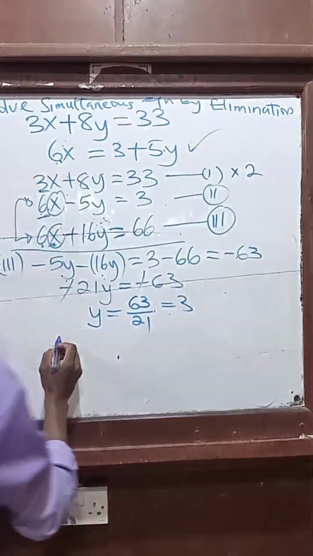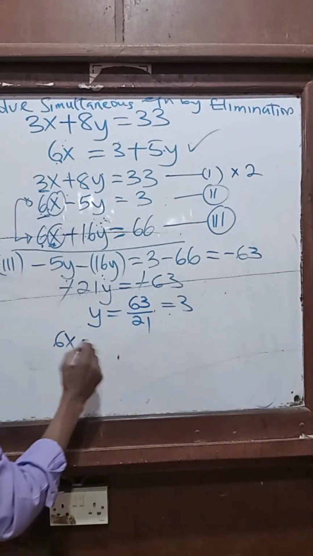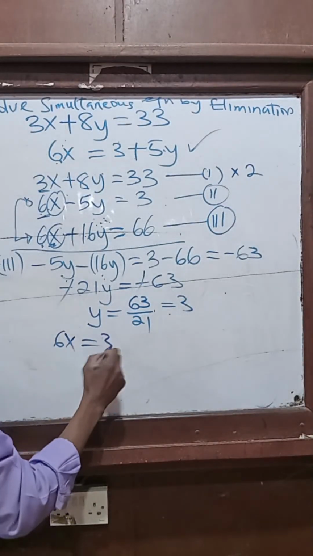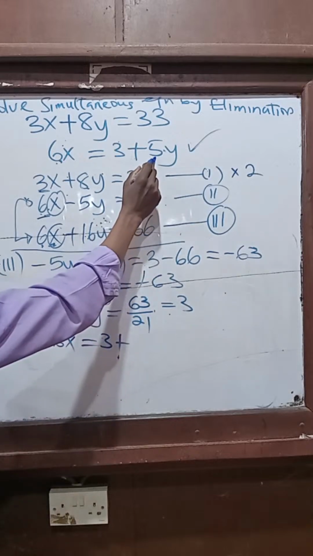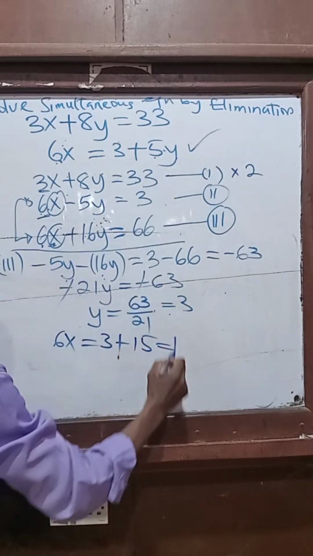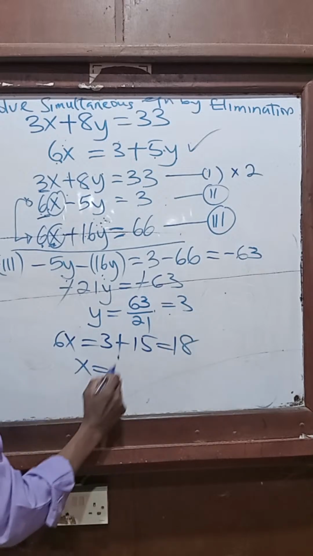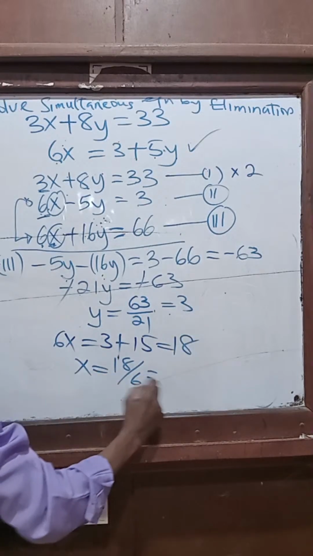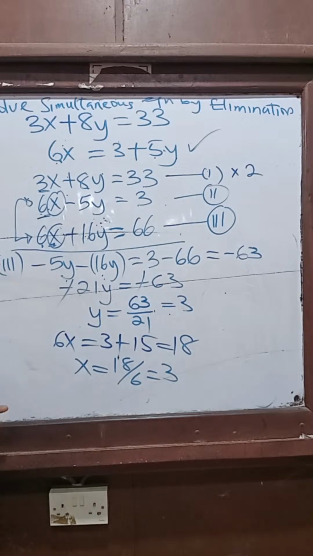So we have 6x equal to 3 plus 5 times 3. That's 15. And that's 18. So x is 18 over 6. And that's 3. Okay, so that's the answer.